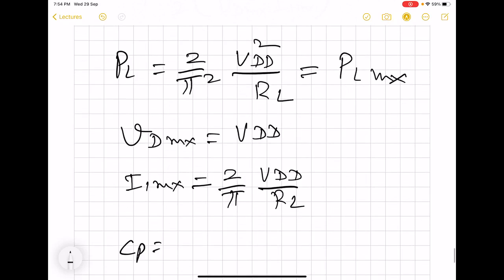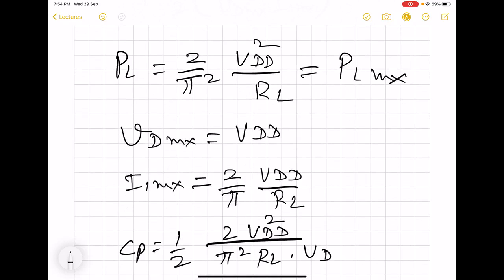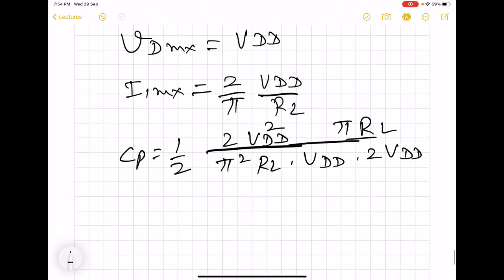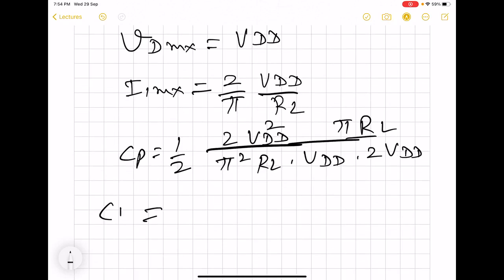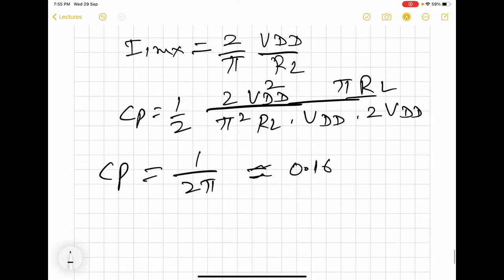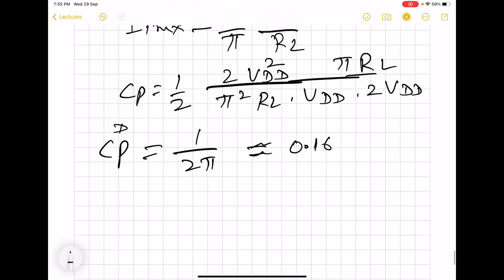So therefore, the CP for this case is 1 by 2 VDD square by pi square RL, now divided by VD max, which is VDD, then I1 max, which is 2 VDD and pi RL. So if we simplify this, this will turn out to be 1 by 2 pi, and this value will be 0.16 approximately. So this is for the class D.